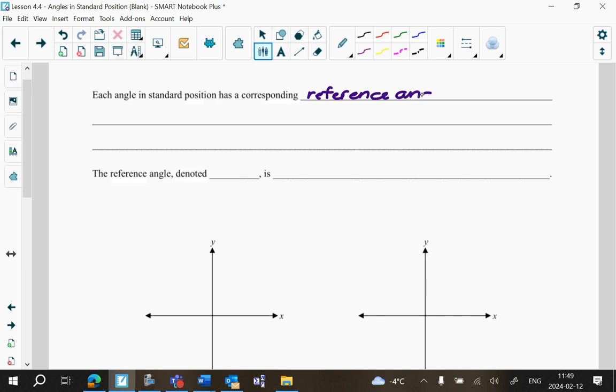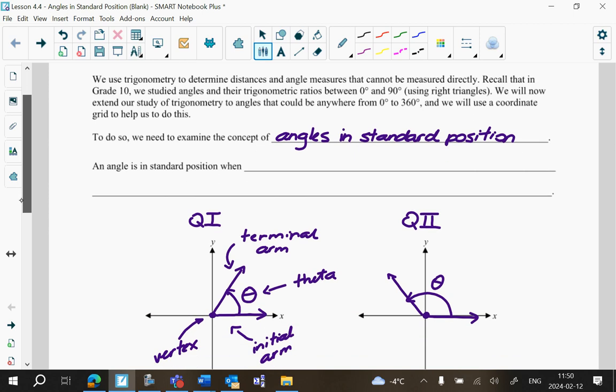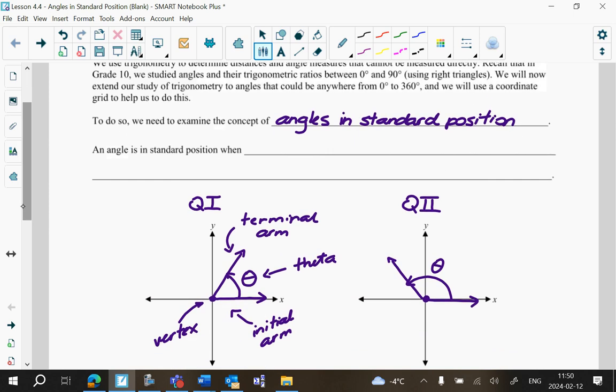If we call the actual angle theta, we call the reference angle theta r. Sorry, let me go back to that first. Basically, we write what I just talked about here.